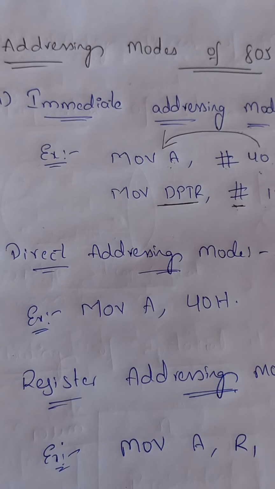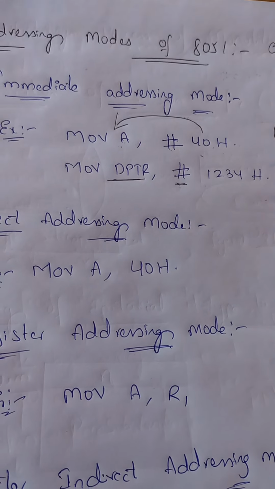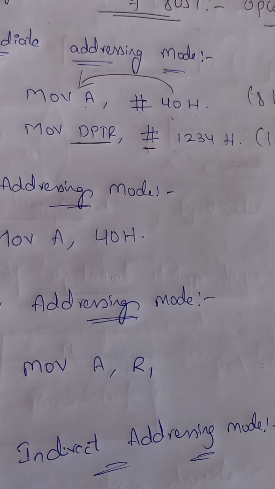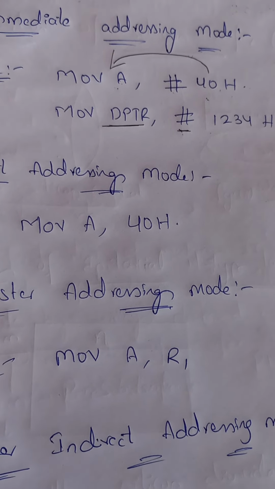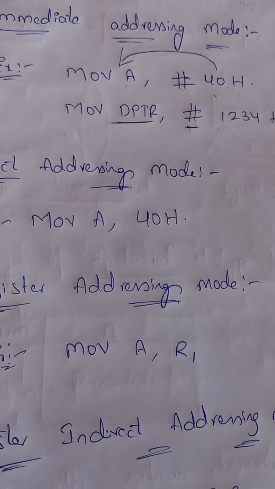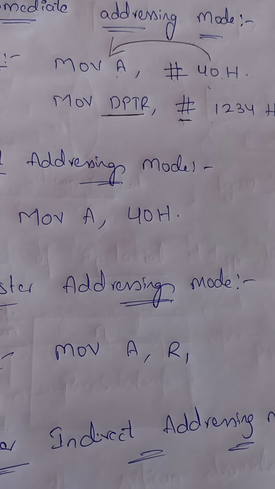That's why I'm saying, please refer to my previous video about the register structure of 8051, where we can see which register is of which size, 8-bit or 16-bit. Before knowing all these things, we need basic knowledge of 8051.